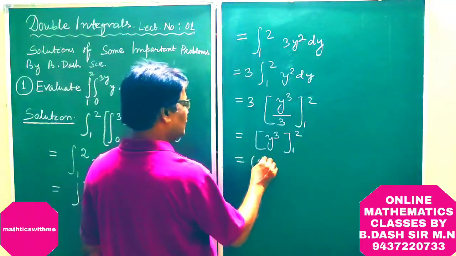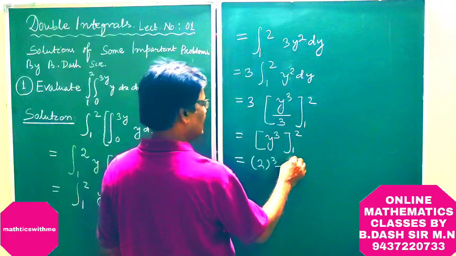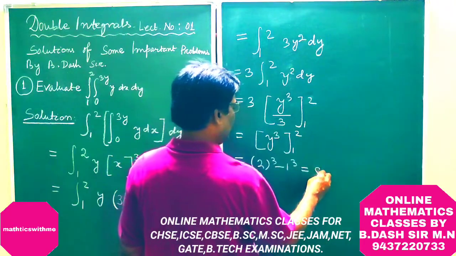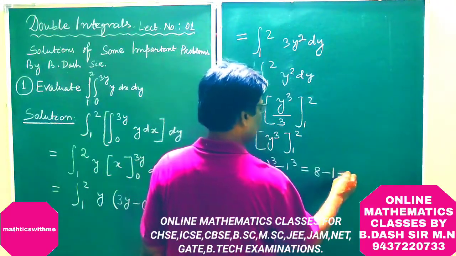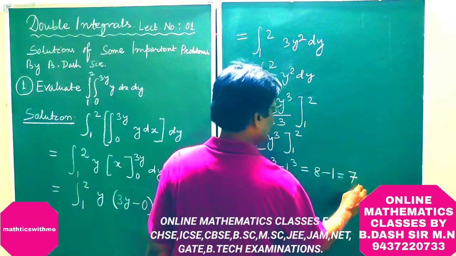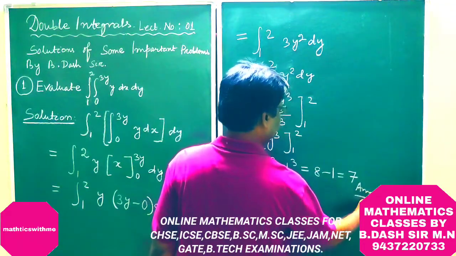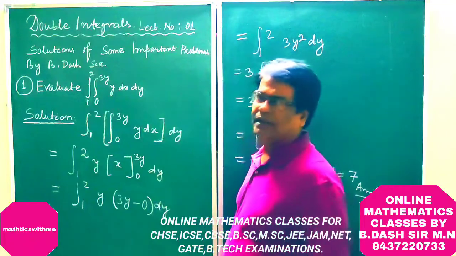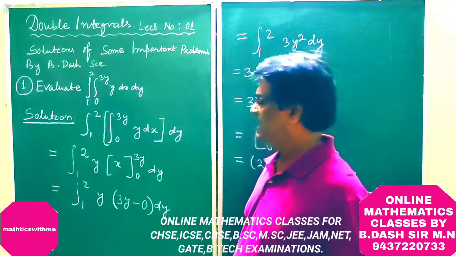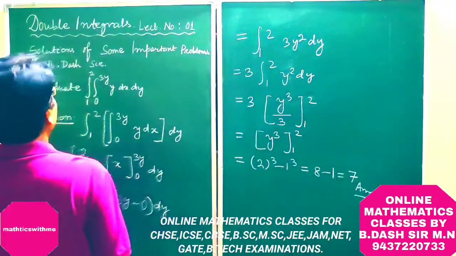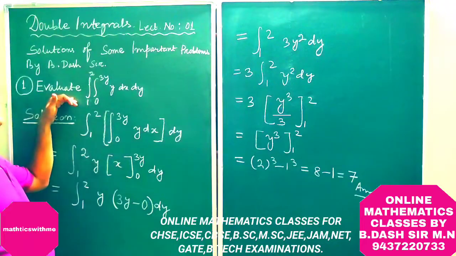This is 2 cube minus 1 cube, 8 minus 1 is equal to 7. Answer. So this is a very plain question, evaluation of a double integral. This is my first class.